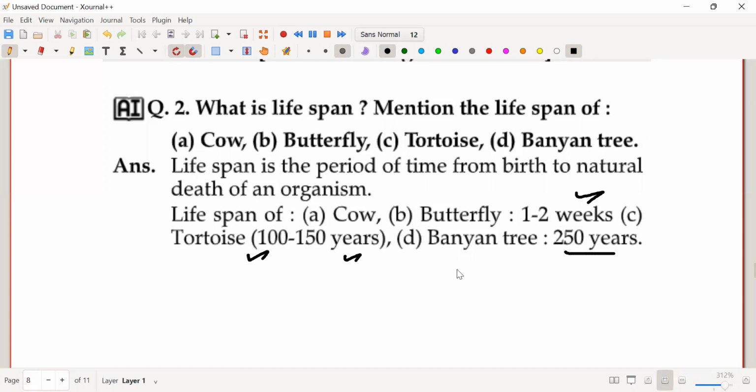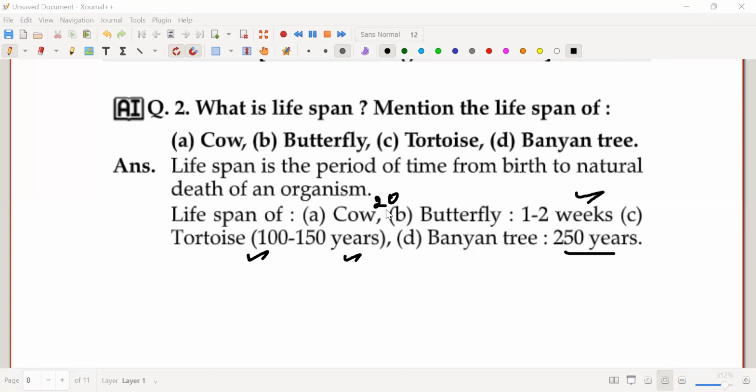What would be the lifetime of a cow? Would be around 20 years? For cow, 20 years. All right, yeah. It's approximately 20 years. For a calf to develop, it takes around 2.5 to 4 years.